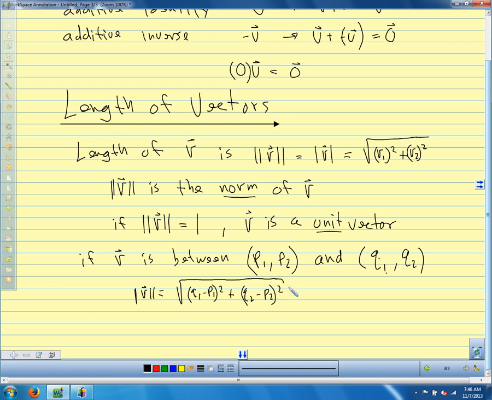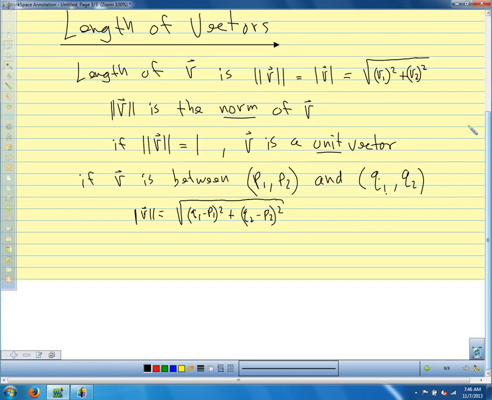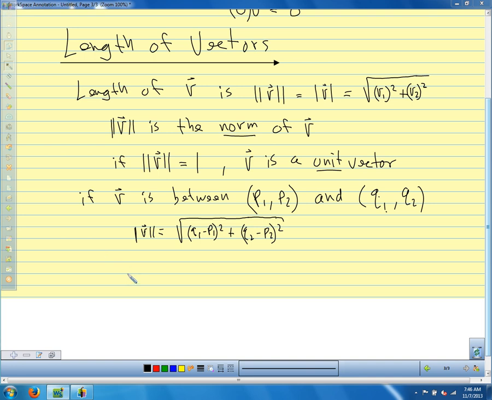So again, just the Pythagorean theorem or the distance formula. And if we have the length of CV, scalar times a vector, is just the absolute value of C times the length of V.